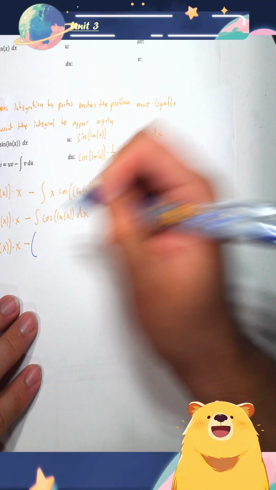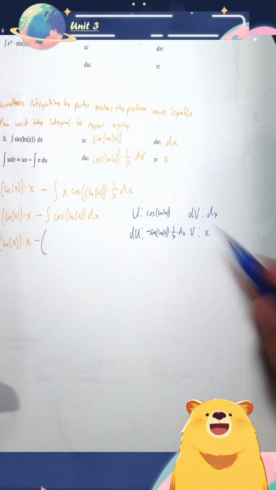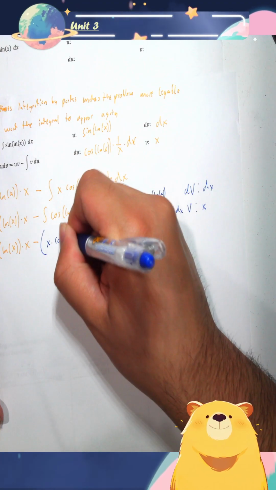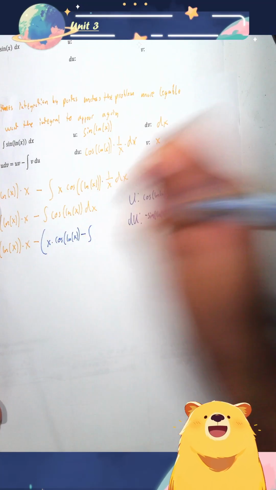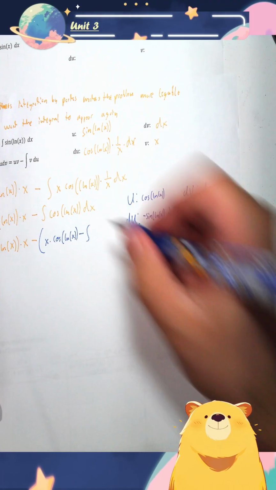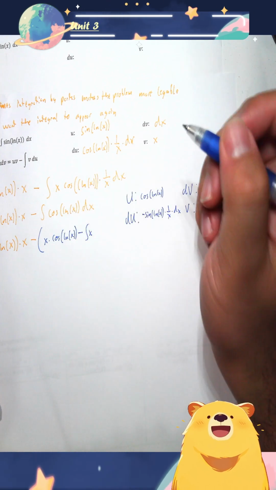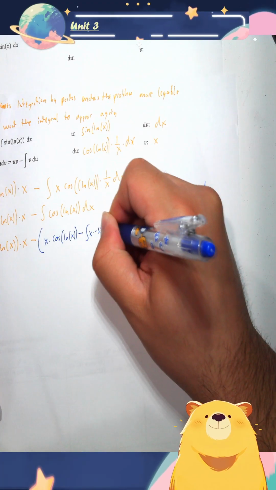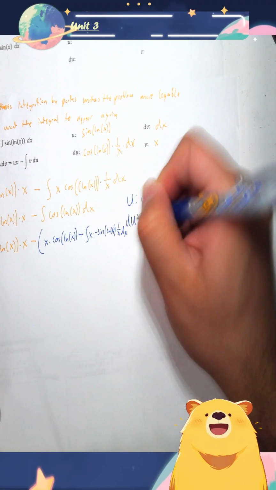From here, we can go and do this integration by parts, which reads u times v, which is just x times cosine of ln of x, and then minus the integral of v with this whole thing. So I'm going to go ahead and write it out in full. Negative sine ln of x, 1 over x dx.